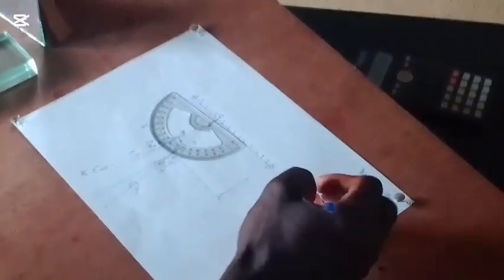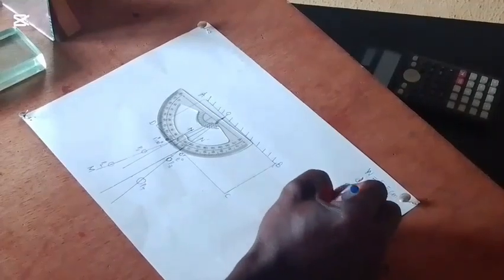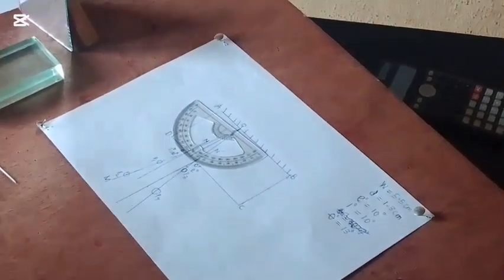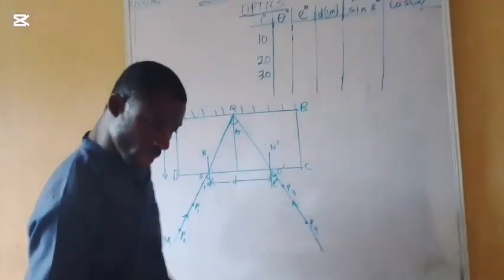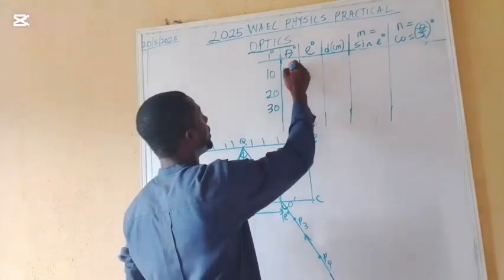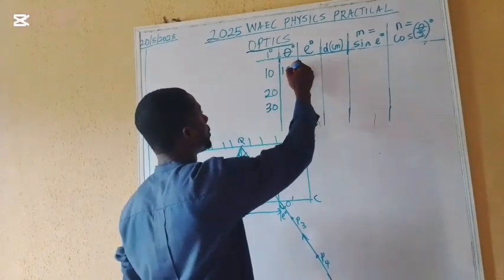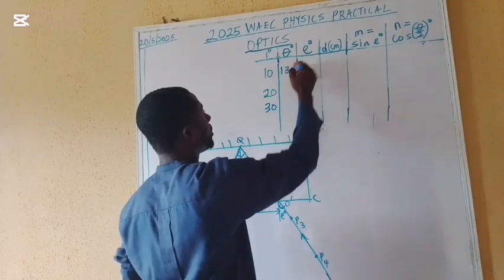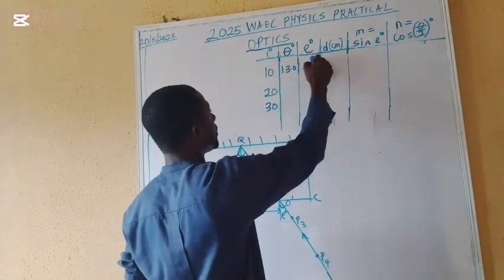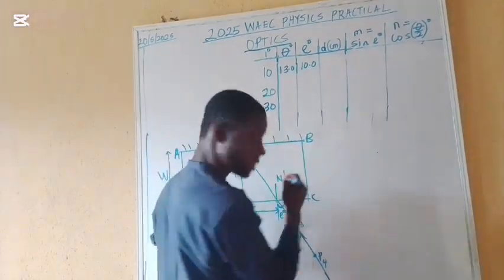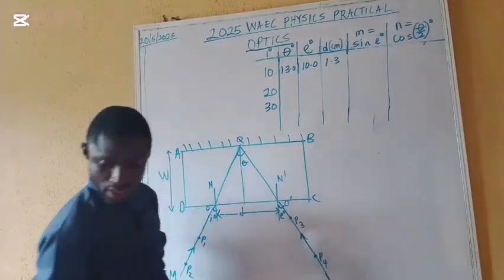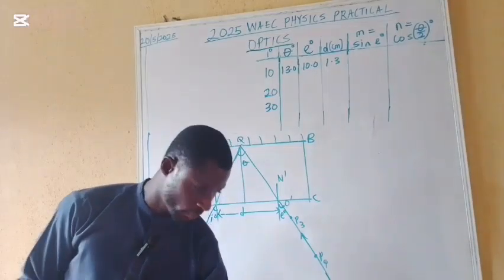So my theta is 13 degrees. Now let's write my values on the board. My theta is 13.0, my E is 10.0, my D is 1.3.